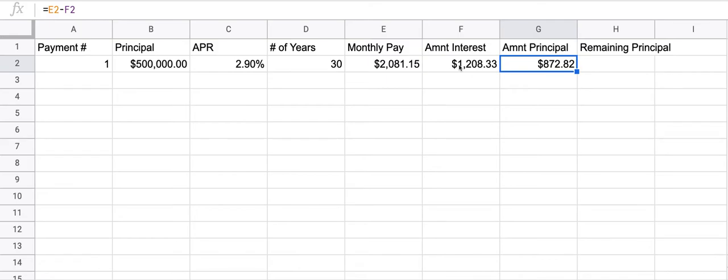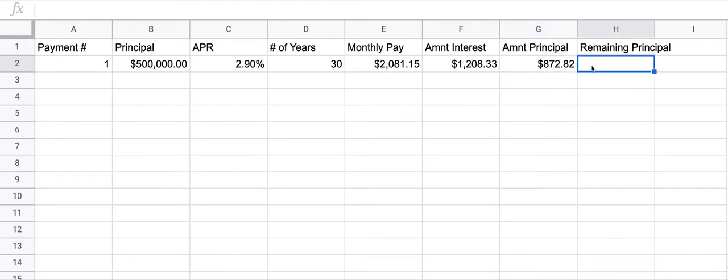This is very normal for your first monthly mortgage payment, for a big majority of it to be going towards interest. So this was our original principal. This is our loan of $500,000. In our first monthly payment, we spent $872 to knock off some of that principal.